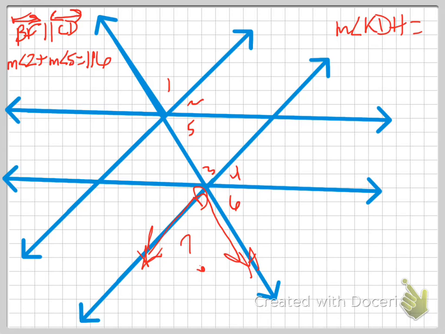Well, let's look at what they give us. They give us the measure of angle 2 and the measure of angle 5. Well, they don't actually give us the angle measures. They just tell us what they add up to. So they said this whole thing right here is equal to 116 degrees.